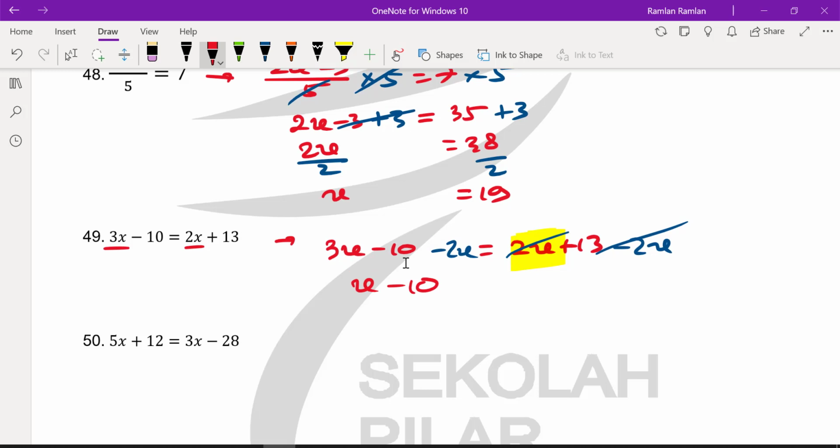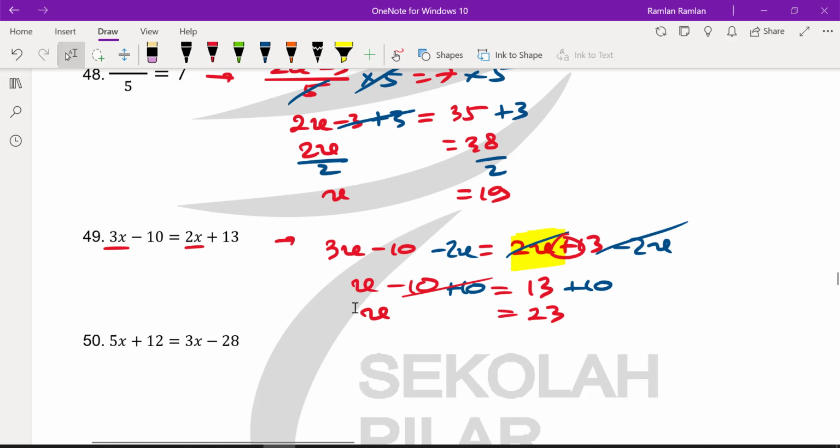The minus 10 is still there, and this 13 is still on the right side, right? Because it's positive, you don't have to write down positive over here. It's just 13, right? Can you see that this is the same thing we did at the top? And then get rid of this guy here, which is plus 10, and that leaves us with x on the left side of the equal sign. This is gone, and then it equals 23.